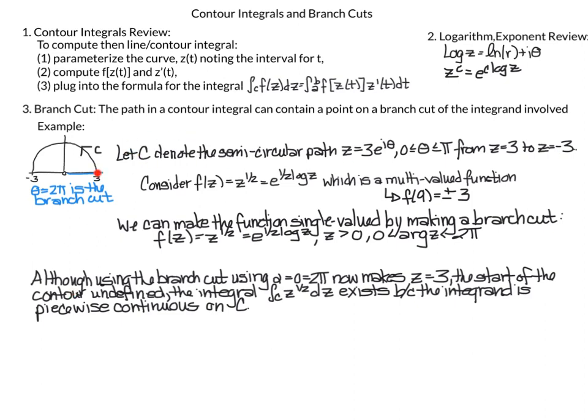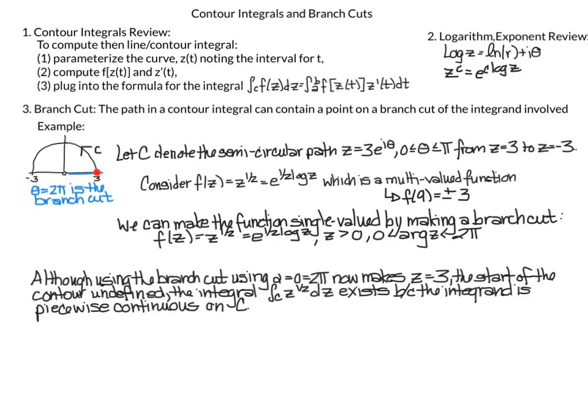We wanted C to go from 0 to pi, including this point 3. However, that isn't going to be a problem because our integrand, our f of z, is piecewise continuous. In other words, the limit at this point exists. So we don't actually have to have the point for our integral.